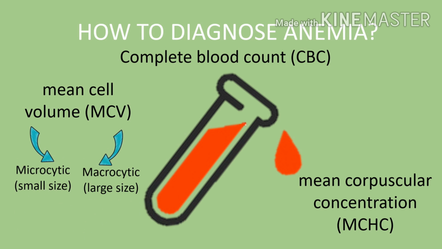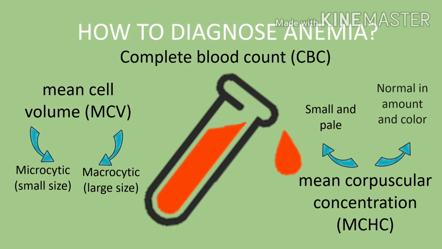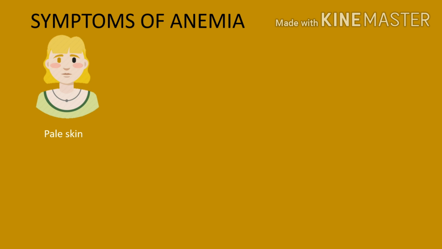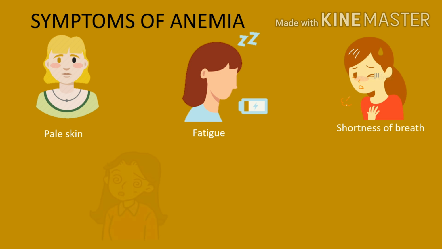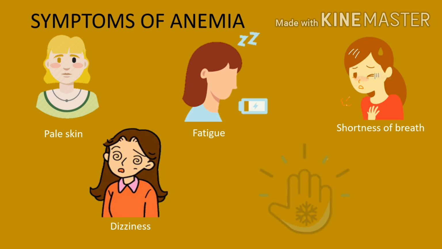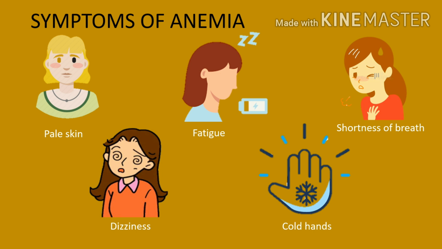Mean corpuscular hemoglobin concentration is the hemoglobin concentration, which can be low in amount or normal in amount and normal in color. There are a few symptoms experienced by an anemic person, like pale skin, fatigue, shortness of breath, dizziness, and also cold hands, but the symptoms depend on the type of anemia.